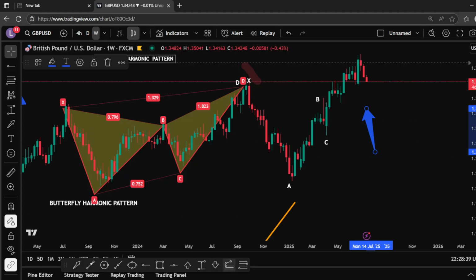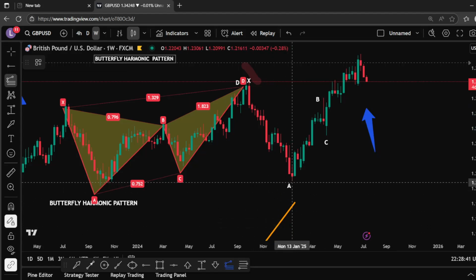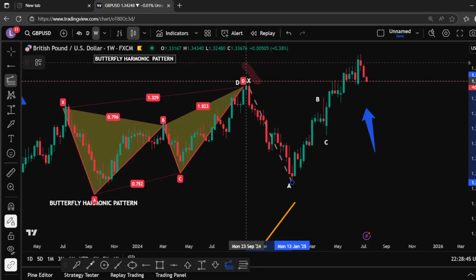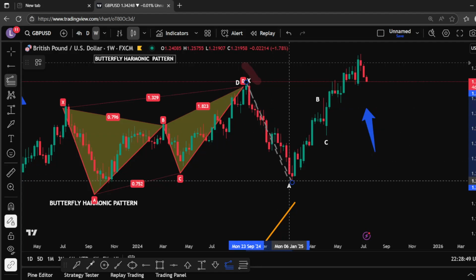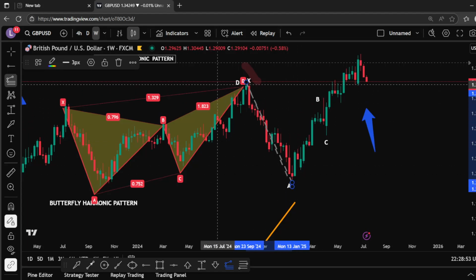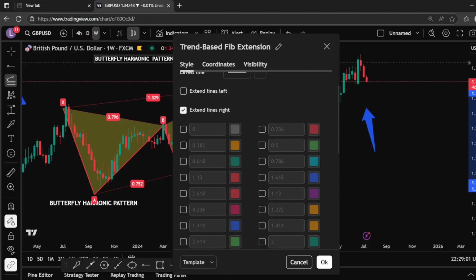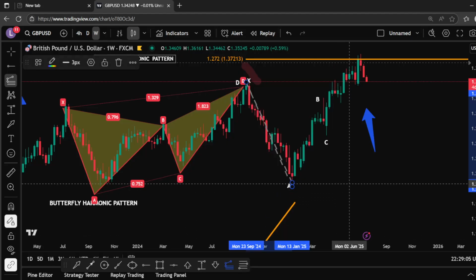I took the FIB extension, plotted from the A to the X back to A, and we said we need the 1.272 FIB extension level as the D completion of this pattern.